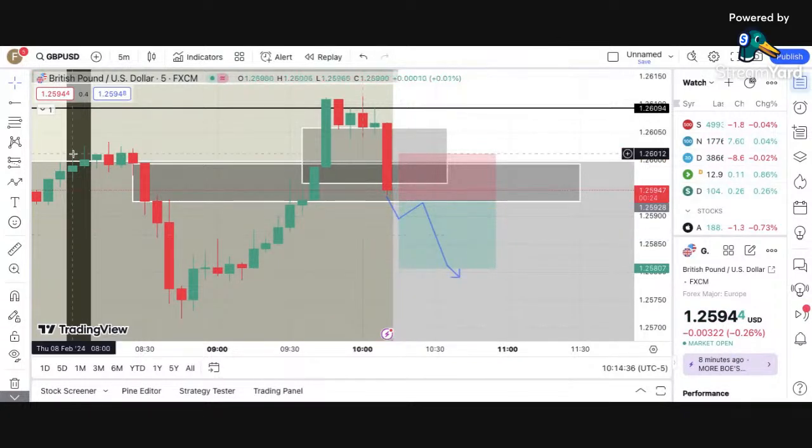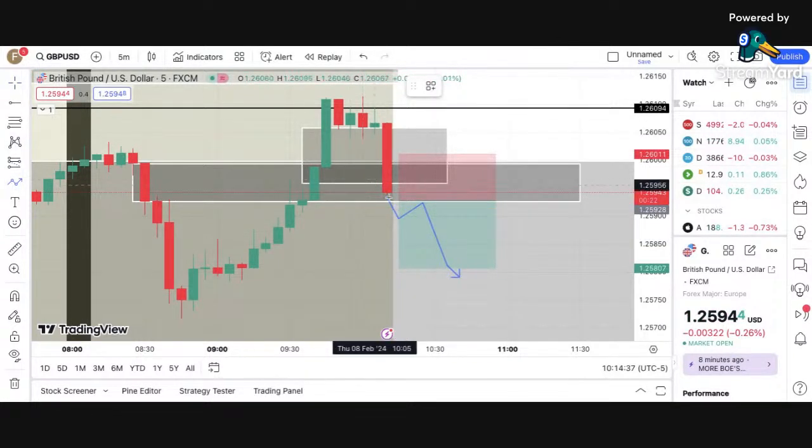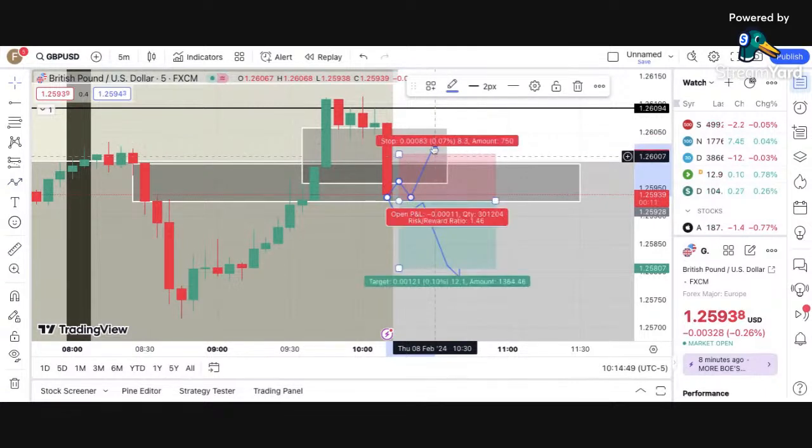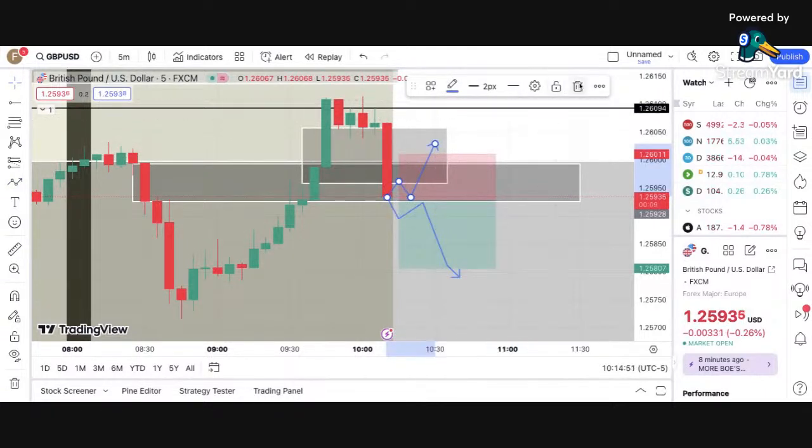For it to go up, it'll have to reject off this, come up, go down, and then go up. It'll have to reject off this, come back down.